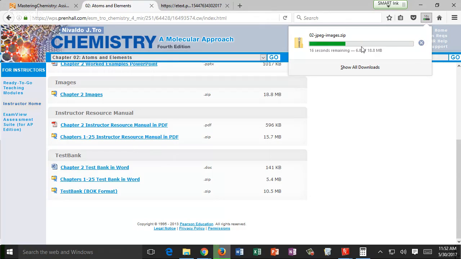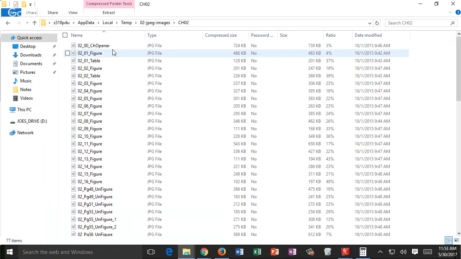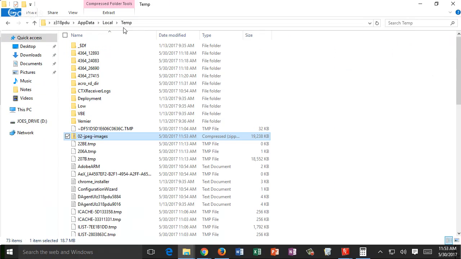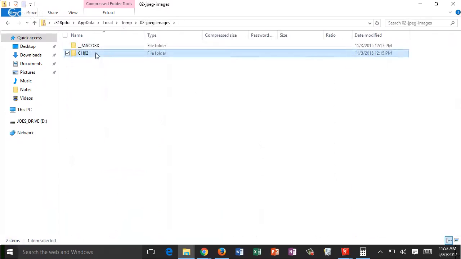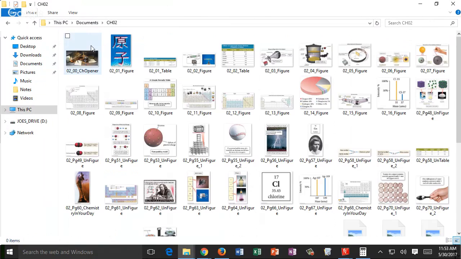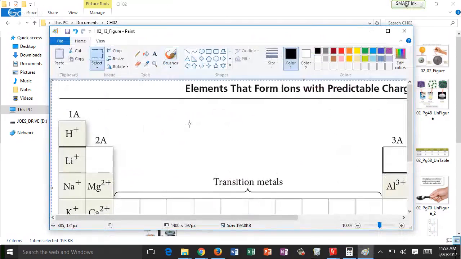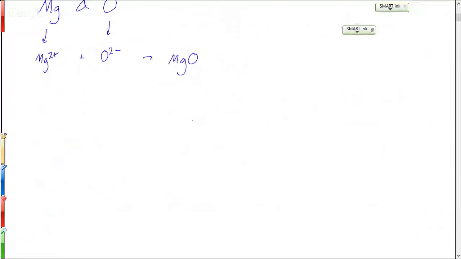We'll get there eventually. Put it right in the notes here so everybody has it.